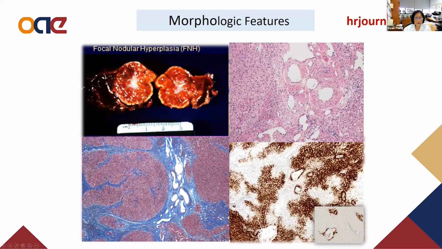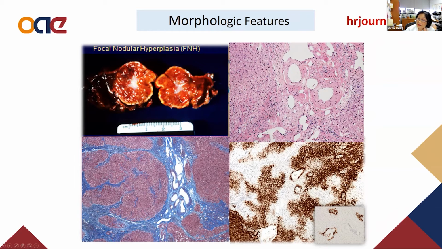So this is the gross macro picture of focal nodular hyperplasia, very typical. Once you cut the specimen and see the central scar, the diagnosis is made. On a microscopic level, within the scar you see multiple abnormal arteries and vessels, but in the absence of a similar-sized bile duct.